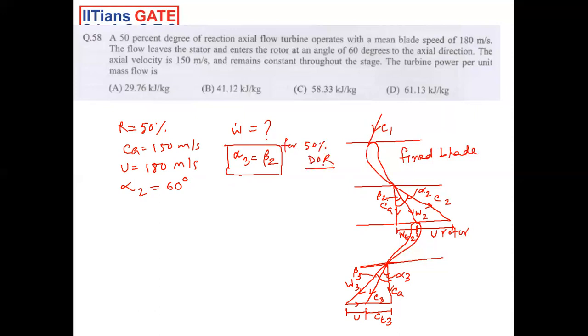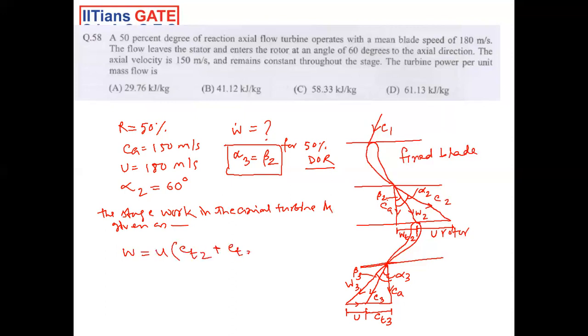And the stage work in an axial turbine is given as W equal to U (CT2 plus CT3).